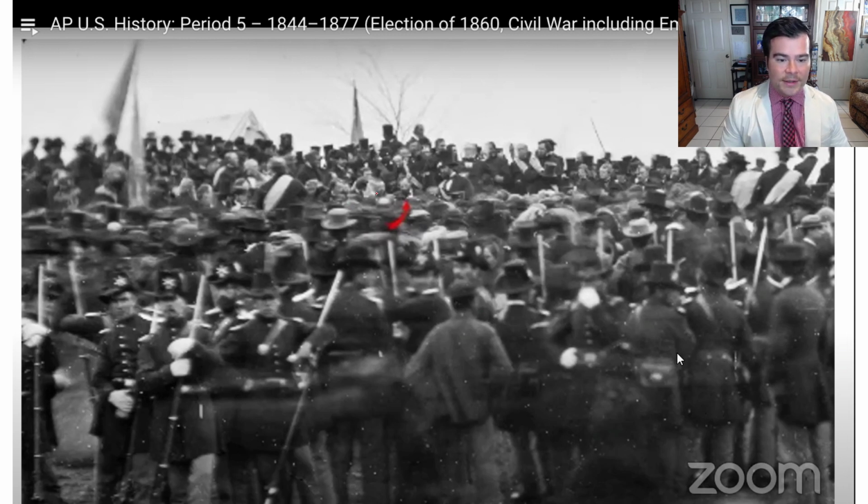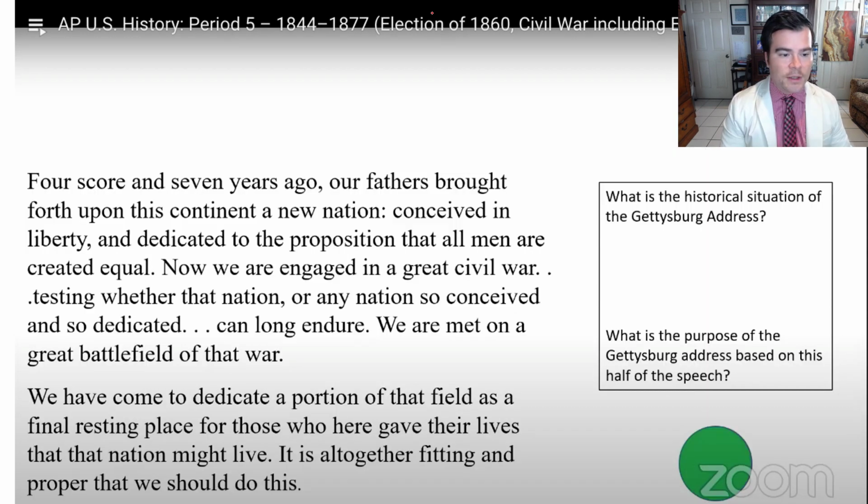Lincoln, at the end of the battle, made the Gettysburg Address to just commemorate the sacrifice that was made. So let's go over the Gettysburg Address. Okay, 7 years ago. I'm sure you've heard that before.